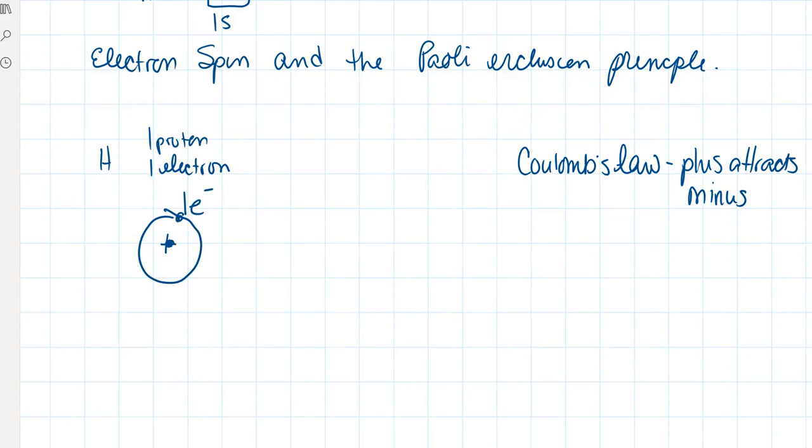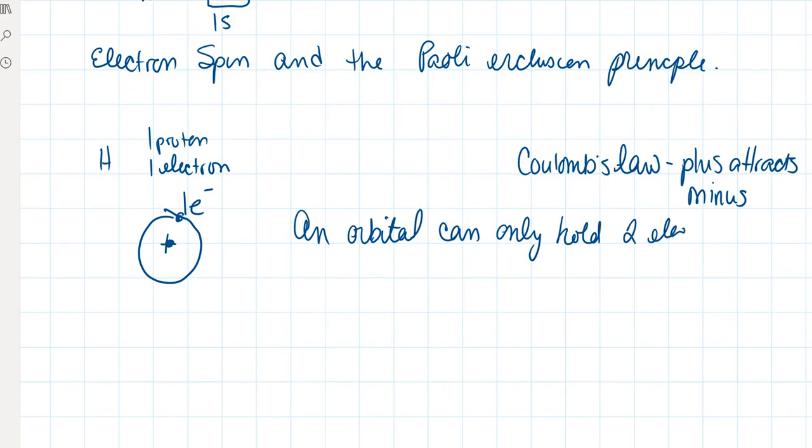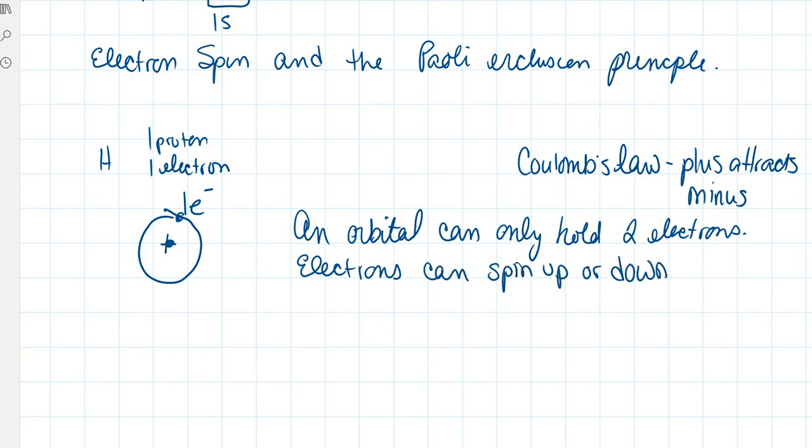And so when we represent this, we can represent an arrow showing the spin of the electron. When we take a look at an orbital, there are a few fundamental important facts that we have to know. An orbital can only hold 2 electrons. And the electrons can only spin up or down, and cannot spin the same way.